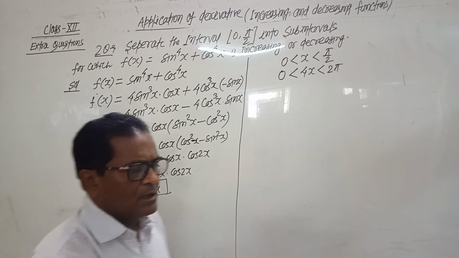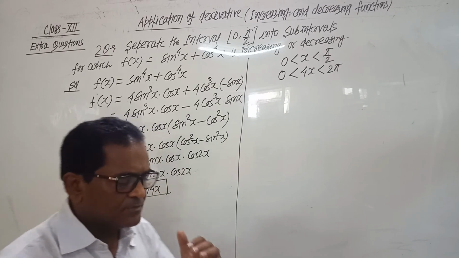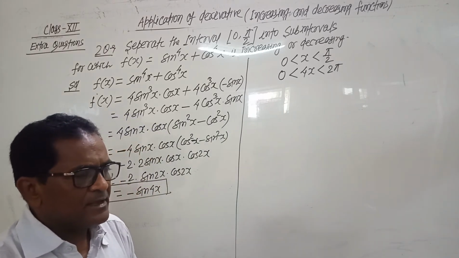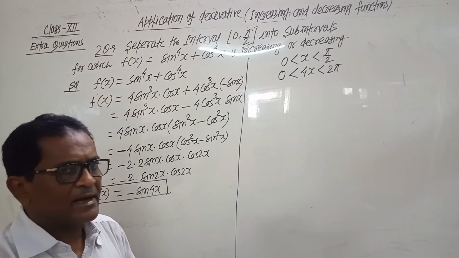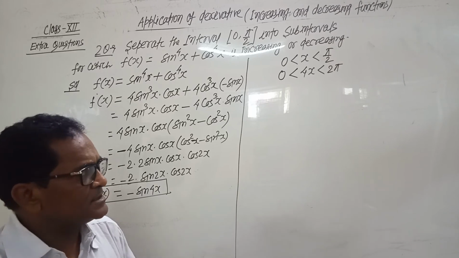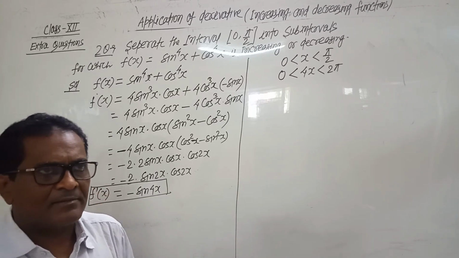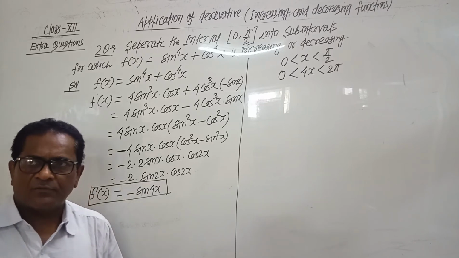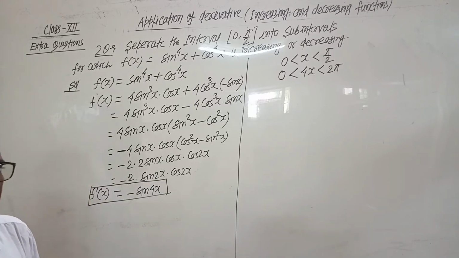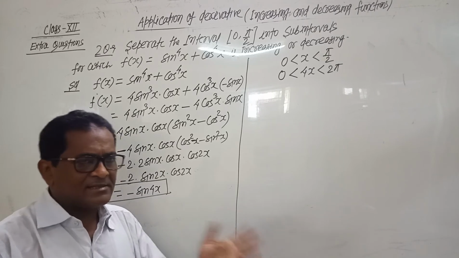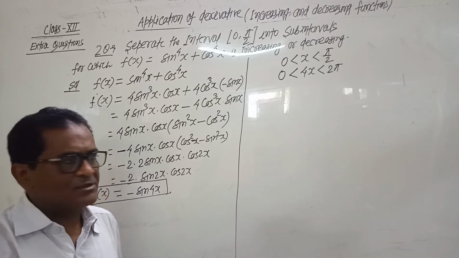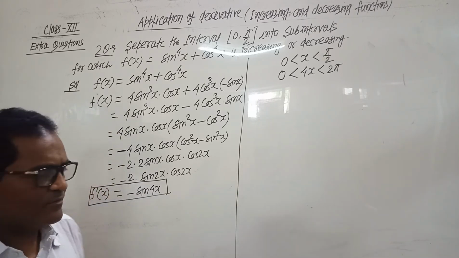We know that the value of sin x is greater than 0 in the first and second intervals, and less than 0 in the third and fourth intervals.